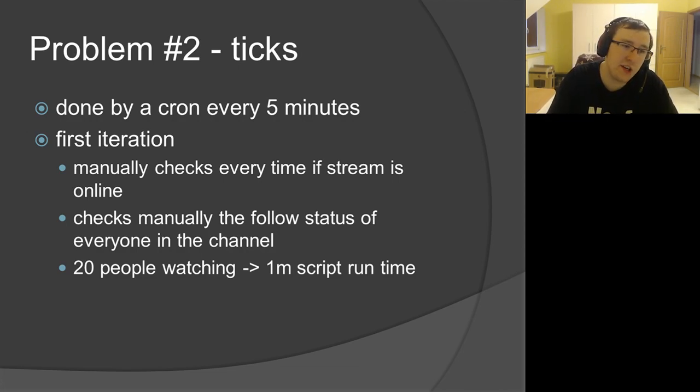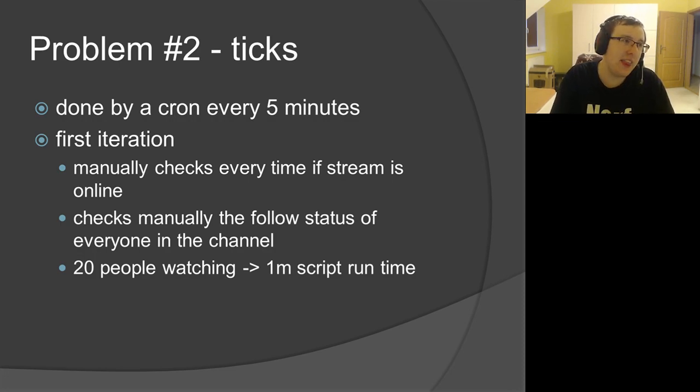And the first iteration was manually checking if the stream is live. This was a problem because every script had to check if the stream is live, which was time consuming. But the worst part was it was manually checking if everyone is following, so if you unfollow after you follow, I can see in the database that you actually unfollowed.